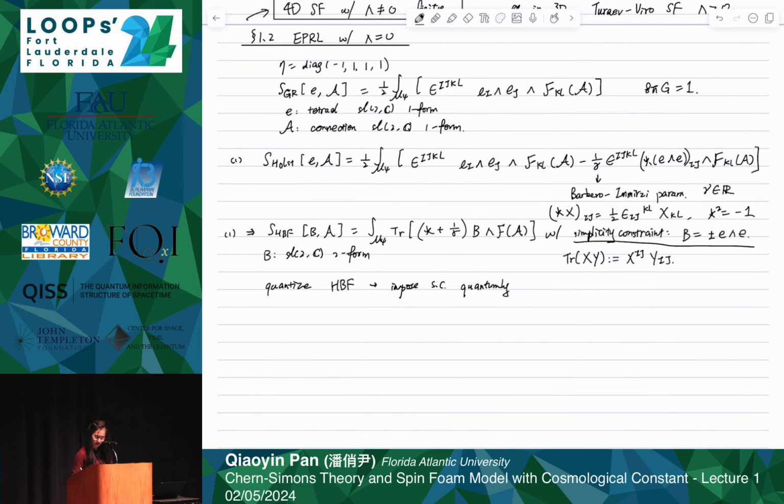So what does it mean to impose the simplicity constraint quantumly? We know that the simplicity constraint is B equals plus or minus E wedge E. So E wedge E is a function of the metric, so it encodes the geometry. Imposing the simplicity constraint is just to generate some geometry. And quantumly, it means that we want to generate quantum geometry from a topological theory.